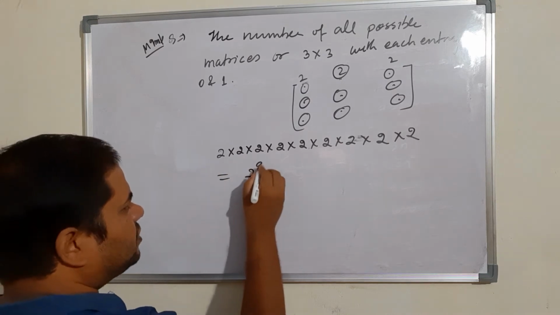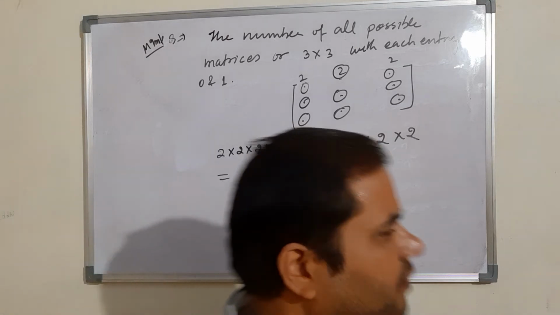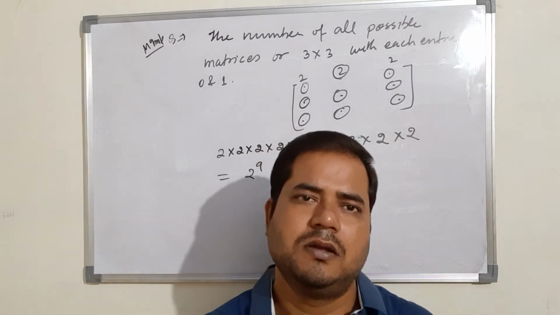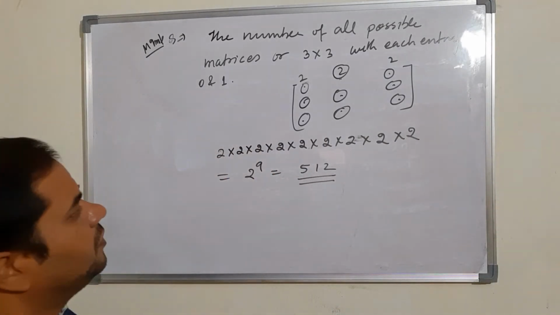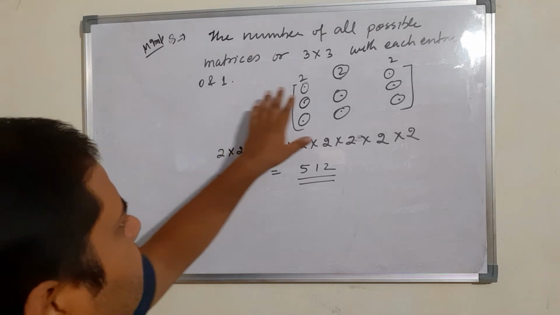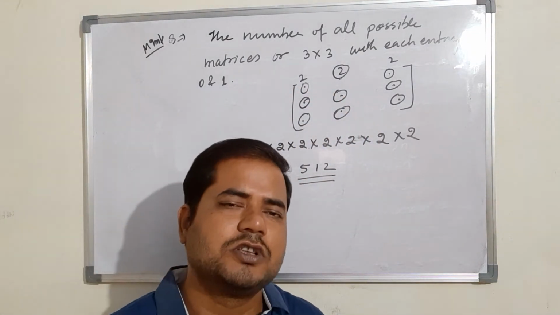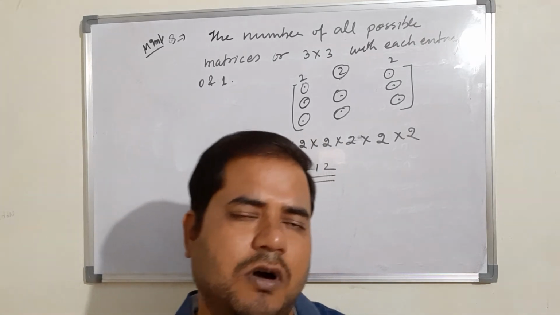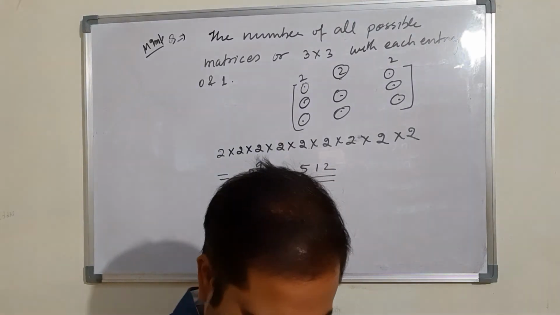That gives 512 possible ways to form that matrix, because each place can be filled in two ways. This is very easy.